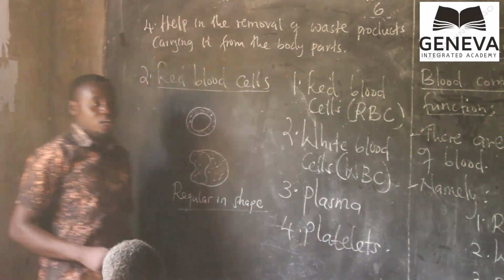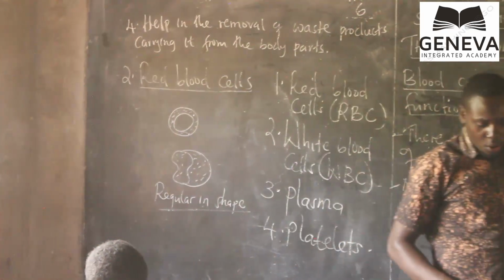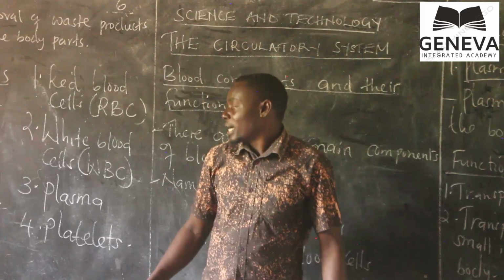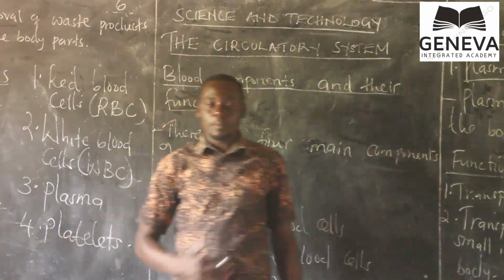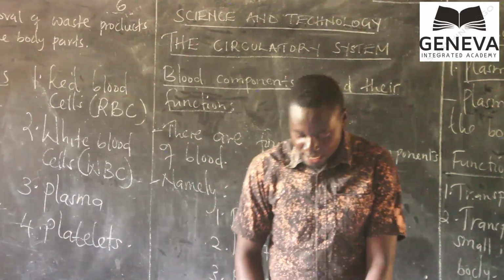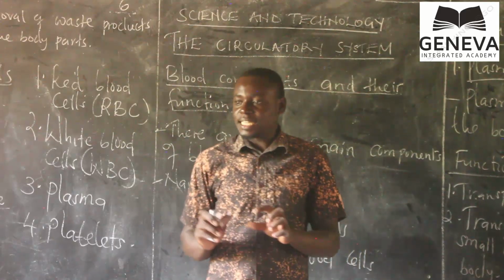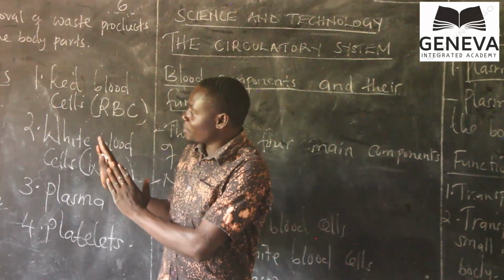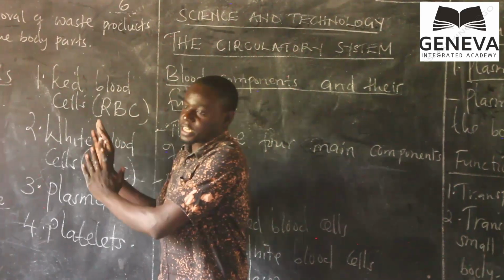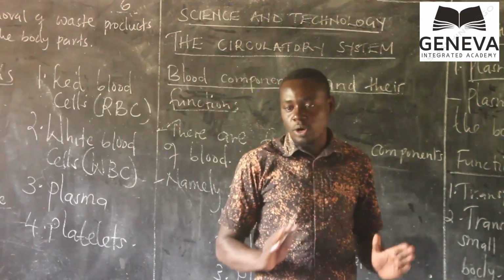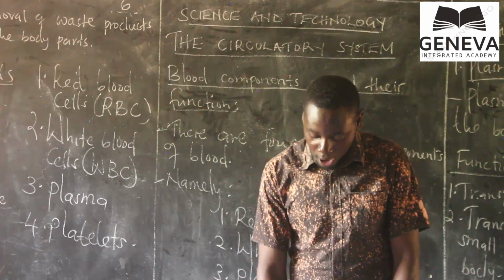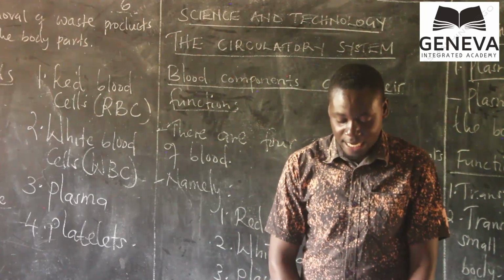Regular in shape. So we shall look at the red blood cells and again the functions of the red blood cells, and how these red blood cells work with the other parts of the body, okay? When it comes to our next lesson.